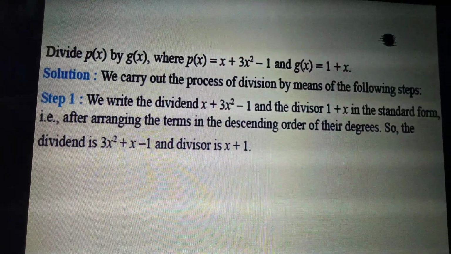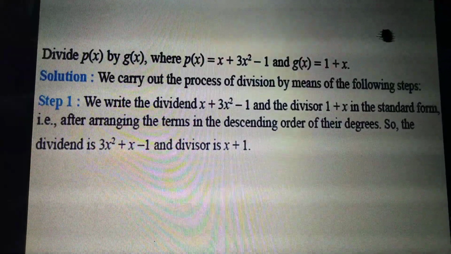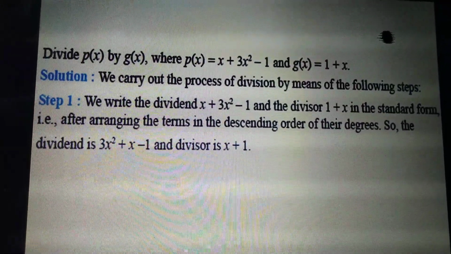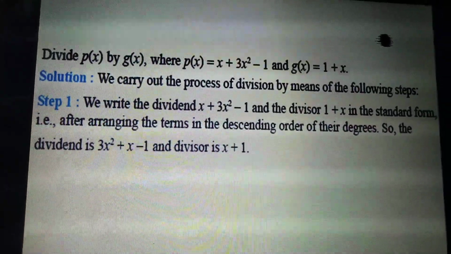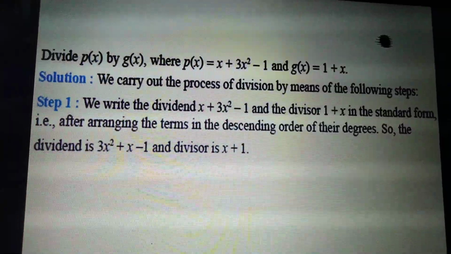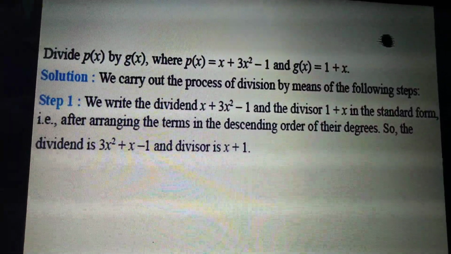Here very simple, take the dividend and the divisor, arrange them in descending order according to their degrees and write it. So the given P of x is x plus 3x squared minus 1.